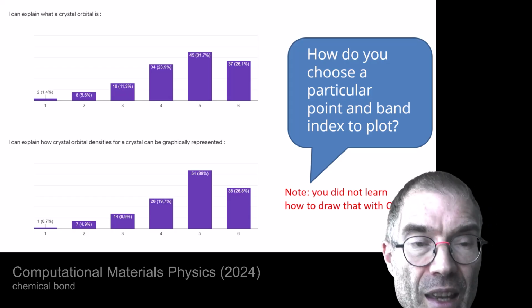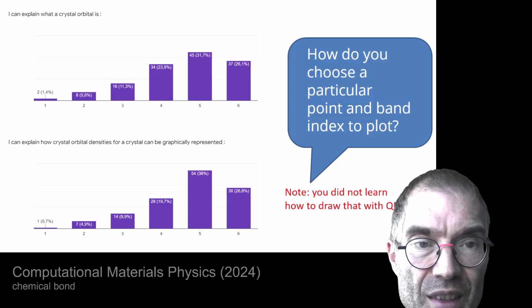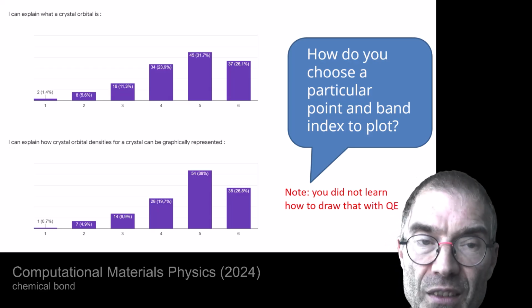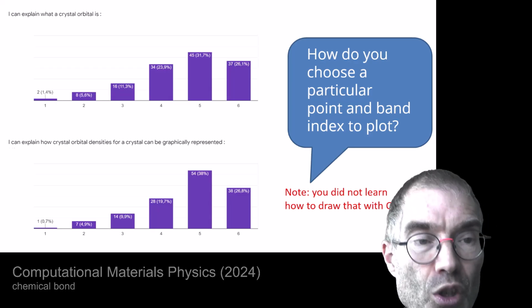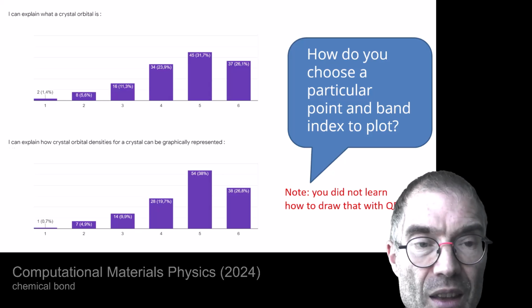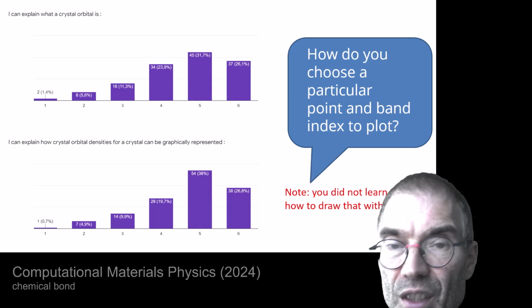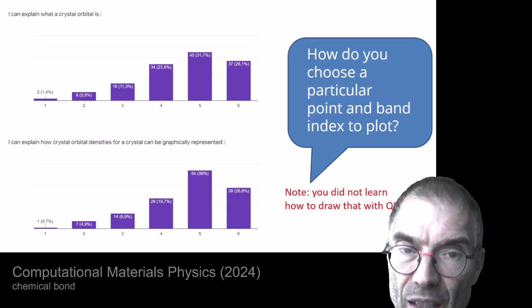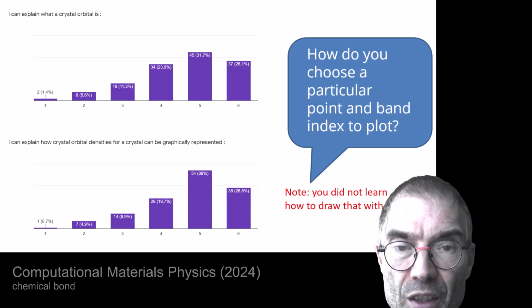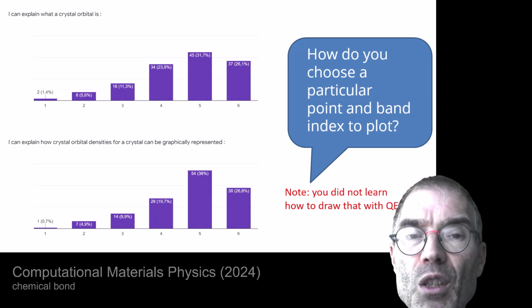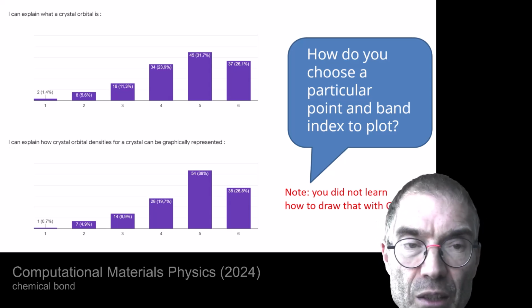And here I have to emphasize that what was shown in that video is not something that was explained with Quantum Espresso. That was done with a different DFT code where that procedure was a bit more convenient. You can do the same with Quantum Espresso, but it's not straightforward.